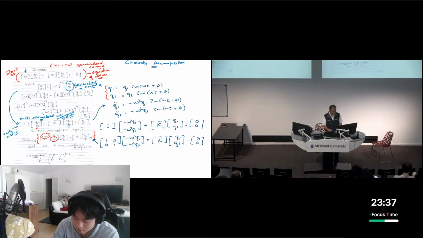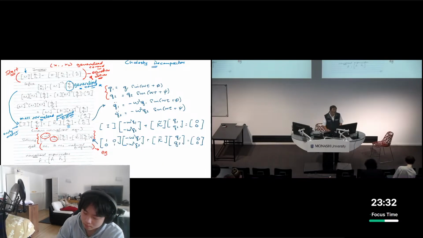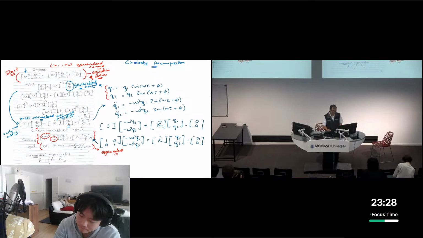Now, these natural frequencies will also be known as eigenvalues. And when you use these natural frequencies and this equation to work out the corresponding eigenvectors, and you normalize them, you find that because of him using this Cholesky decomposition to normalize the mass, these normalized eigenvectors are orthogonal.